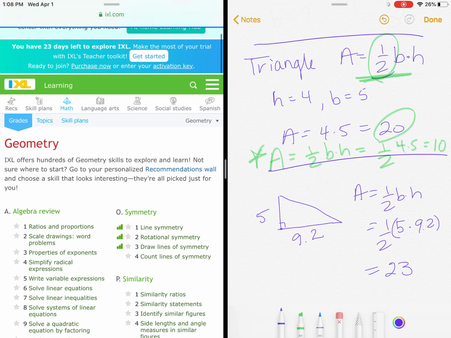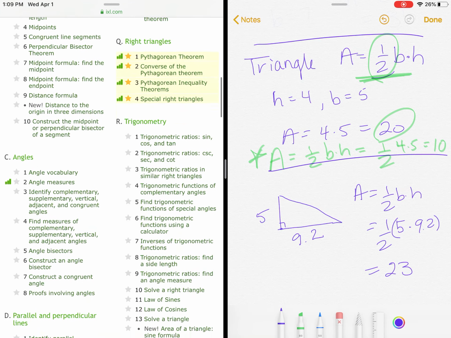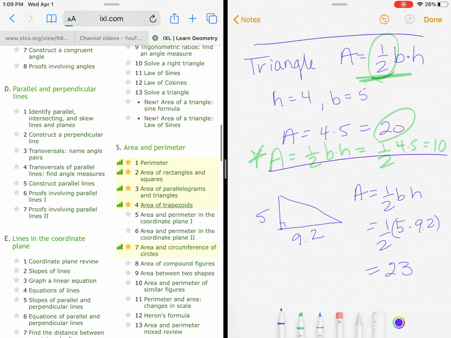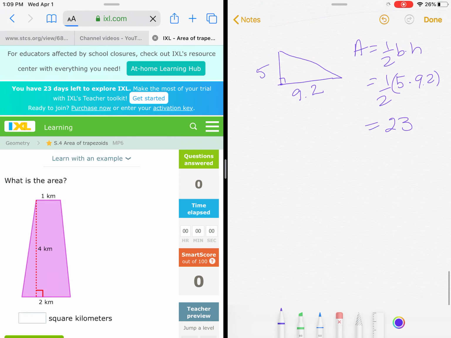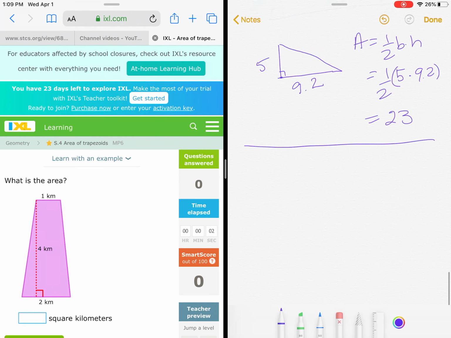Let's go back. And then you will do trapezoids. Now, trapezoids are the fun ones. So on trapezoids, you have to average the bases. So trapezoids area is base 1 plus base 2 divided by 2 times the height.